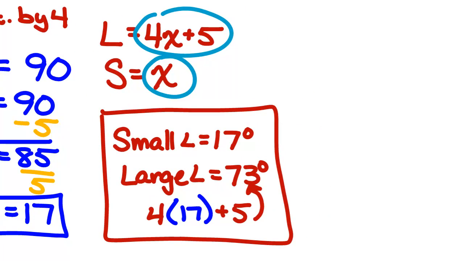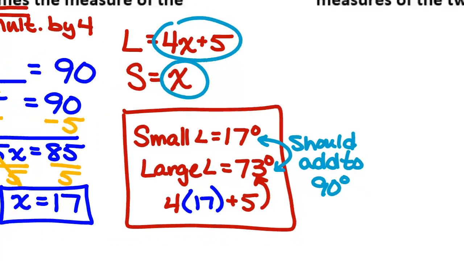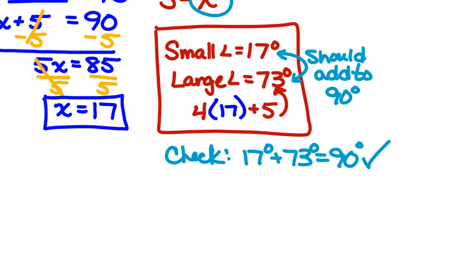And these two angles should add up to what? Should add to 90. So let's check that real quick. On your calculators, do 17 plus 73. 90. So it adds up to the right number.